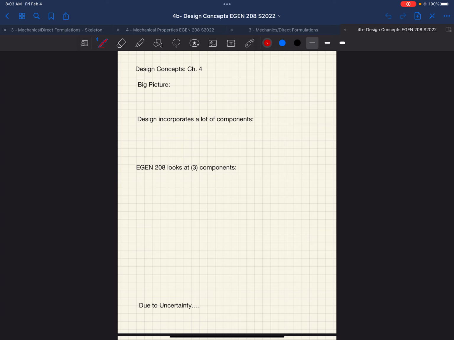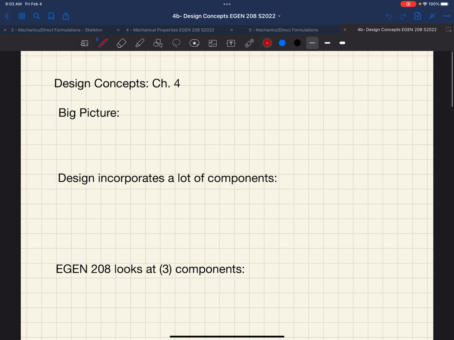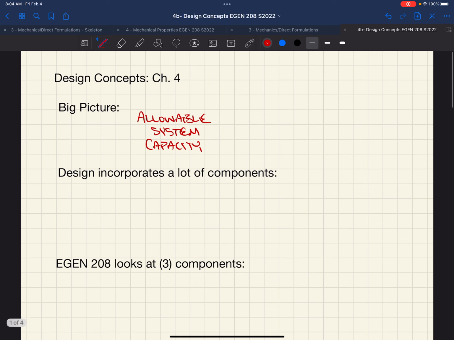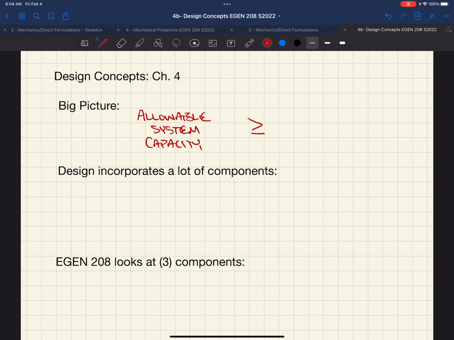Well, the big picture of all of it, if you could boil it down to something, I would say the big picture is the allowable system capacity has to always be greater than or equal to the system load.